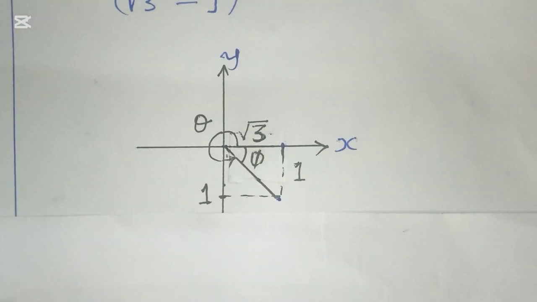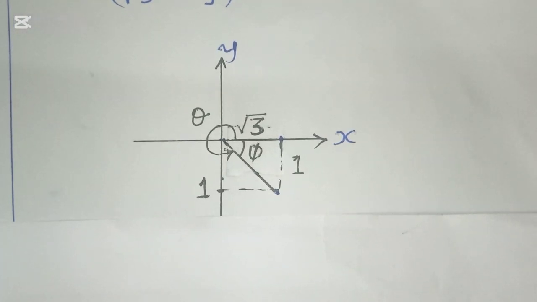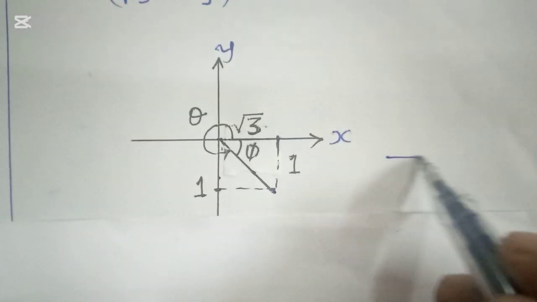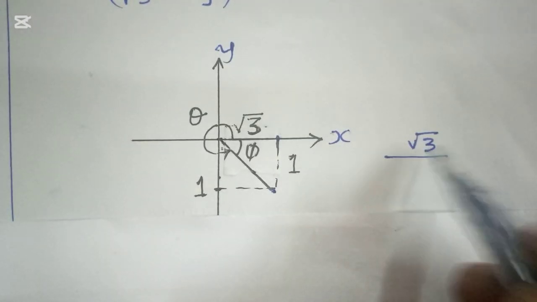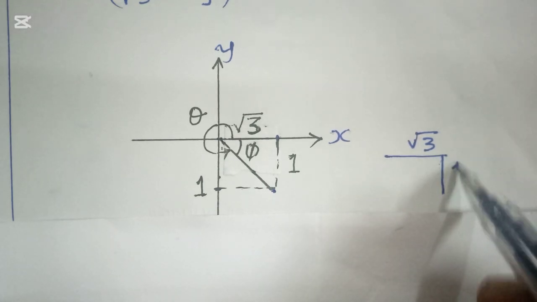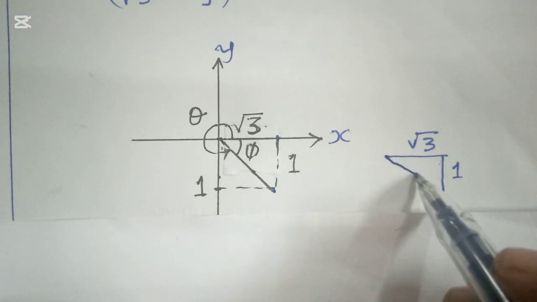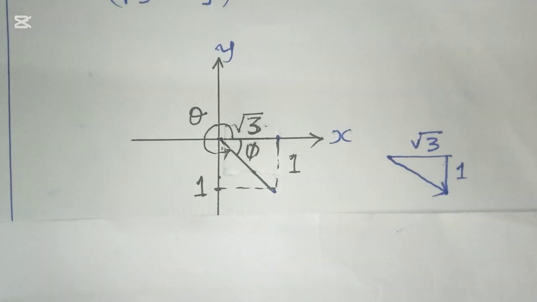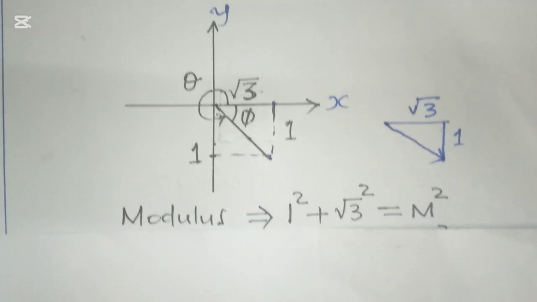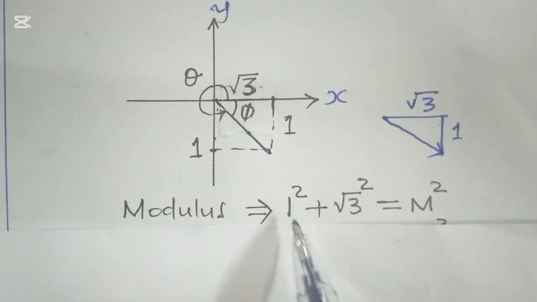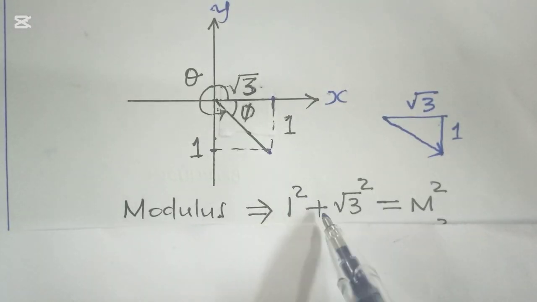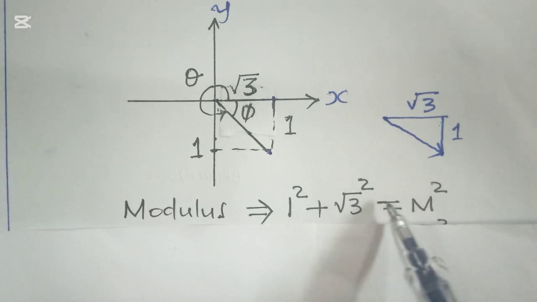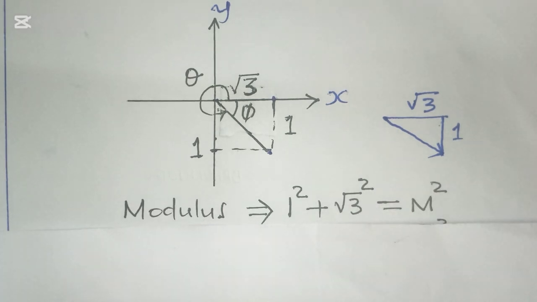The first thing after that we do is to get the modulus. Getting the modulus is just drawing that square root of 3, and here we have 1. We now find the magnitude of that line, of which we are going to use the Pythagoras theorem to get that. 1 squared plus square root of 3 squared will give us the square of modulus.